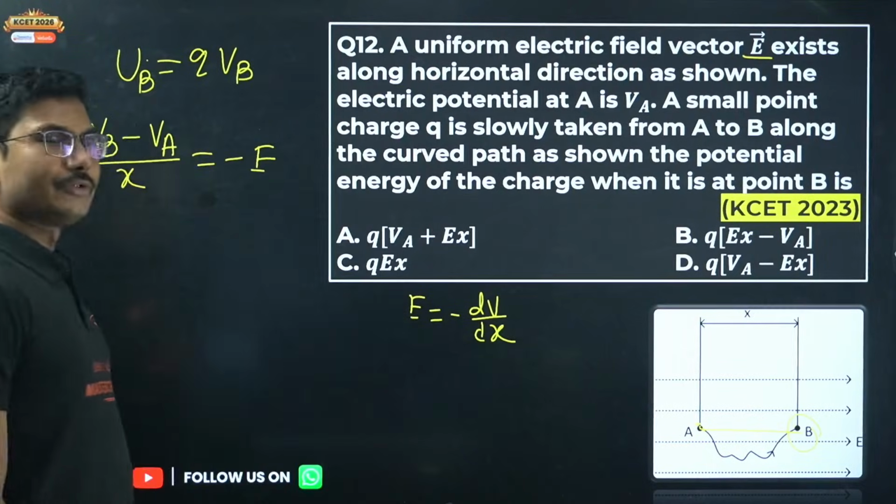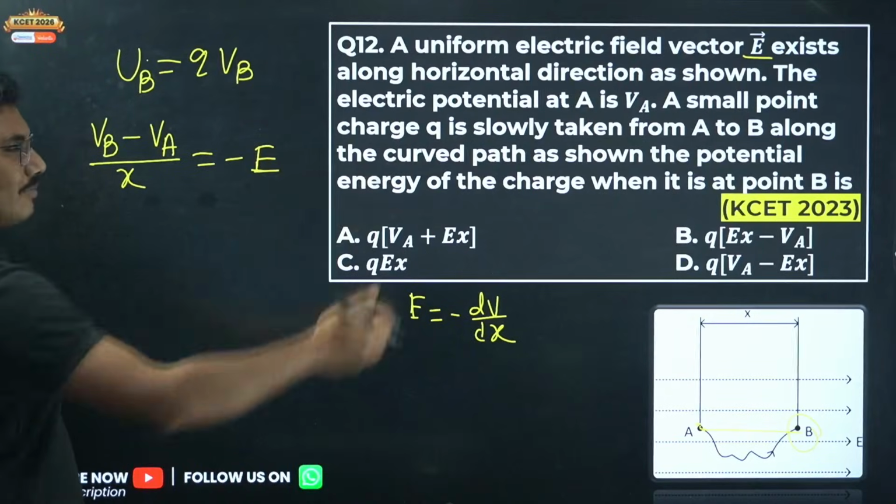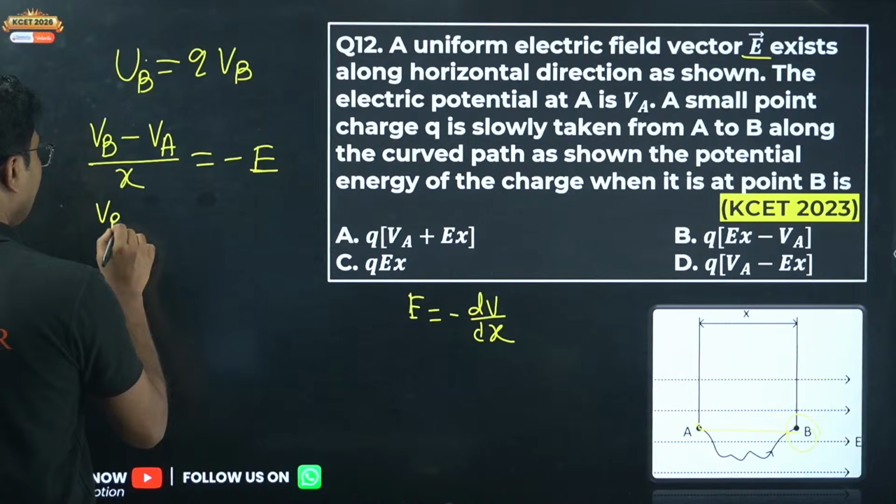Okay, so we are using this concept. Negative sign I have taken on the other side for our convenience. Okay, so from here we can say that VB minus VA.